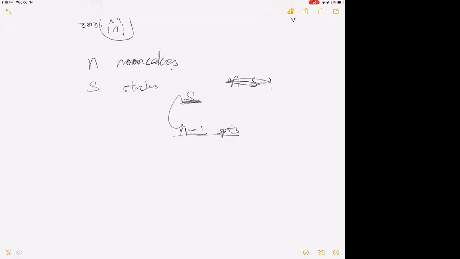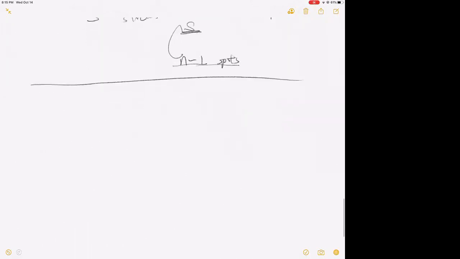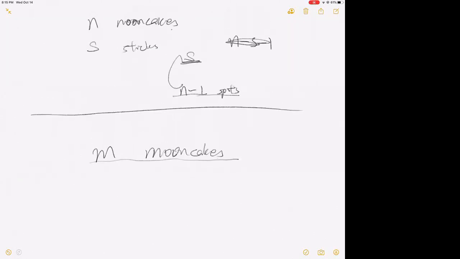No, n1, because I'm going to discuss a different case. Oh, okay. How about m? Okay, m mooncakes. So m equals n minus s minus 1, and then s is still the same. We are splitting m mooncakes to, let's say, p people.